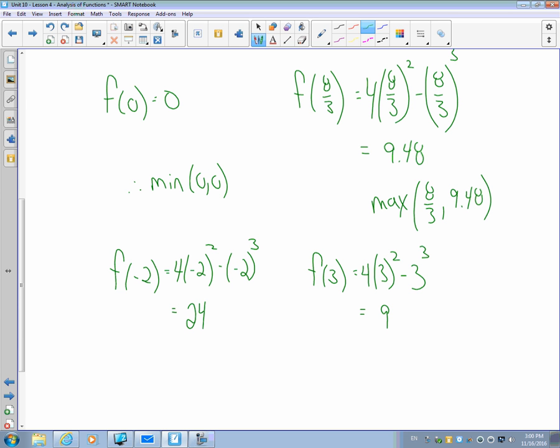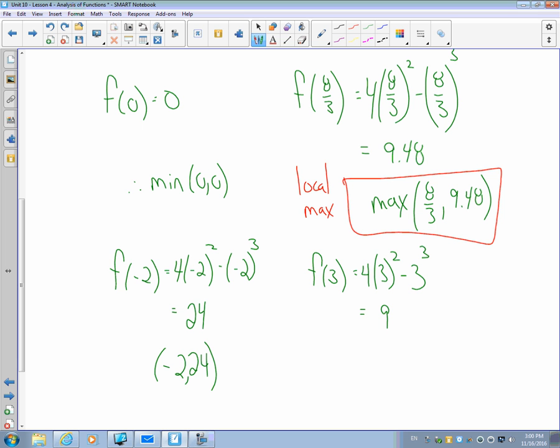Well, if we look at it, the point -2, 24 is actually higher than this max, okay? Which makes this, you might remember the words from last year, a local maximum. But for our cases, this is actually the highest, because 24 is bigger than 9.48.